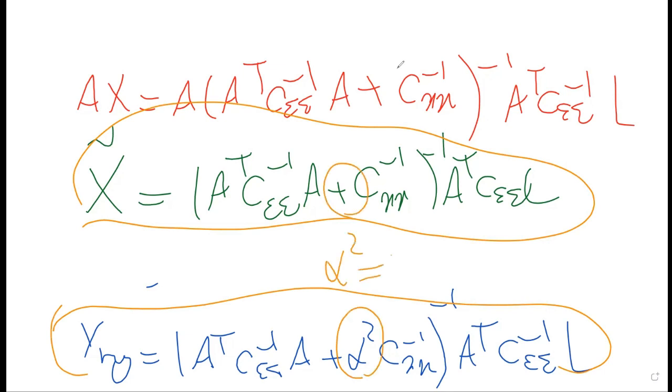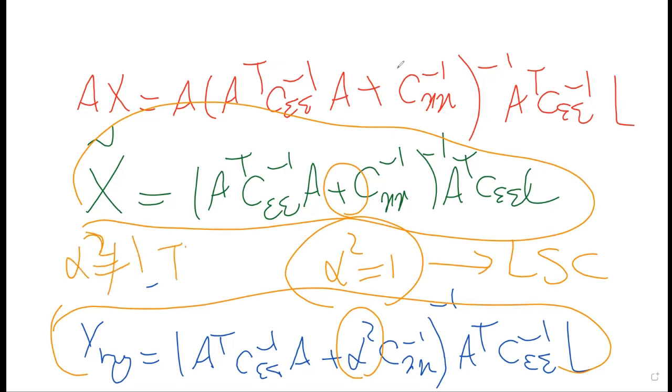If alpha 2 is 1, then it will be least squares collocation. Otherwise, it will be Tikhonov regularization. So there is some inherent connection between regularization, Tikhonov type, and least squares collocation. And as you saw, I could come from the well-known formula, right from the beginning, for least squares collocation.